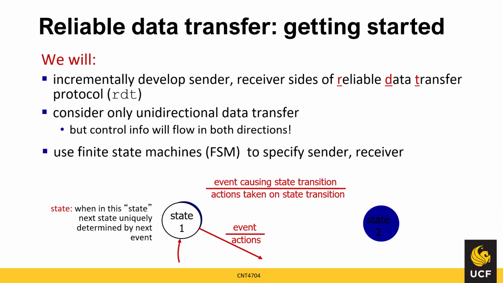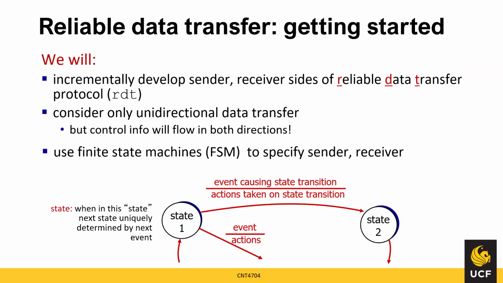And we have an action. When an event actually happens, the protocol would take an action. So this is like sending an acknowledgement saying, hey, I have received the data, or creating a new packet, or delivering the data to the application. And then we have a new state that would appear, basically state 2.